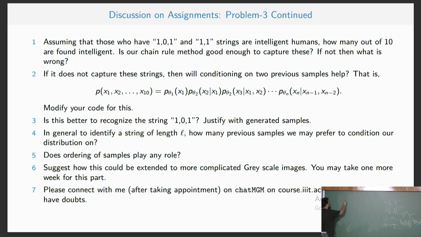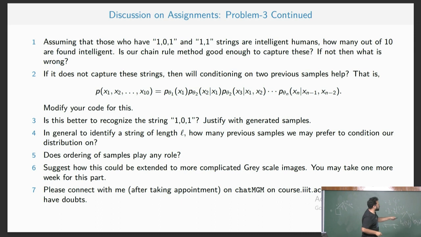So x1, x2: this is like 1, 0, 0, 1, 1, 1, and 0, 0. Each will now have 1 parameter. So this is our theta 1, theta 2, theta 3.